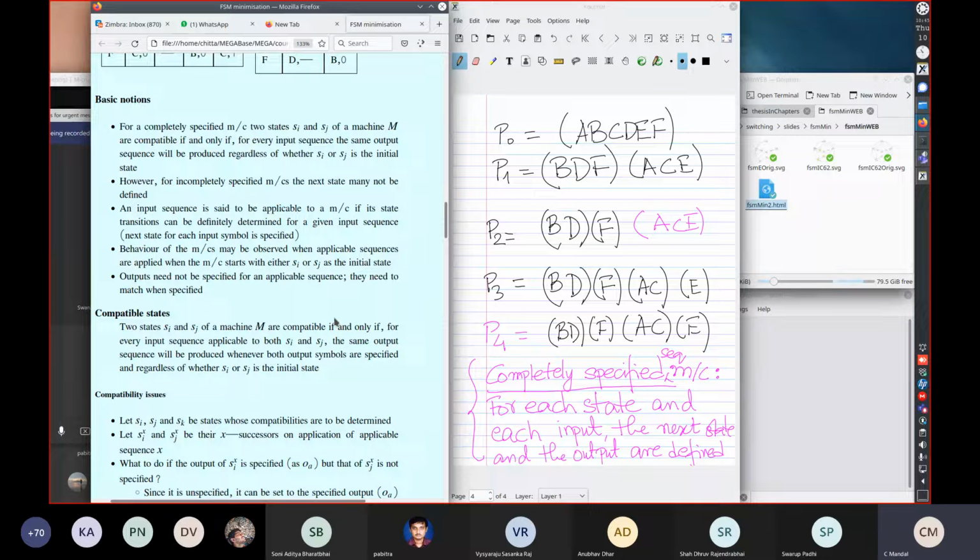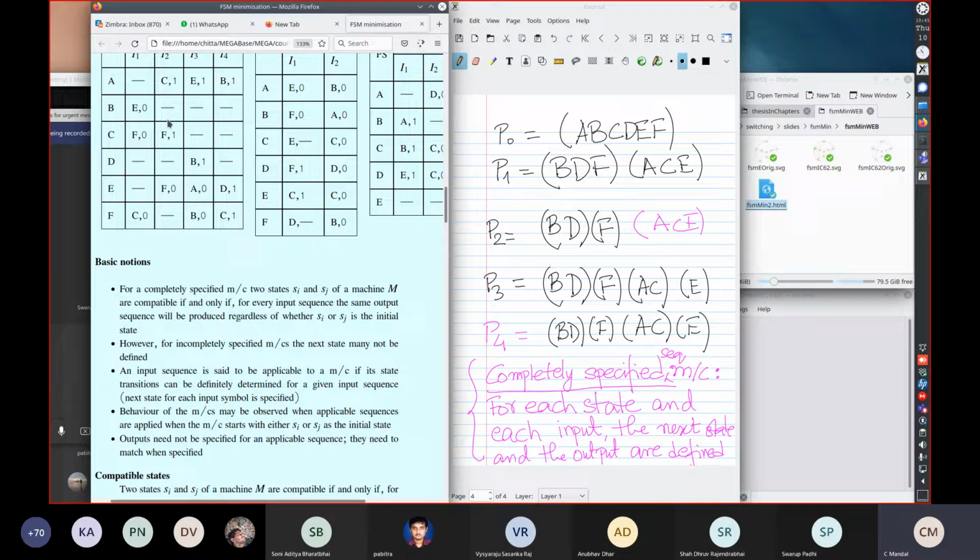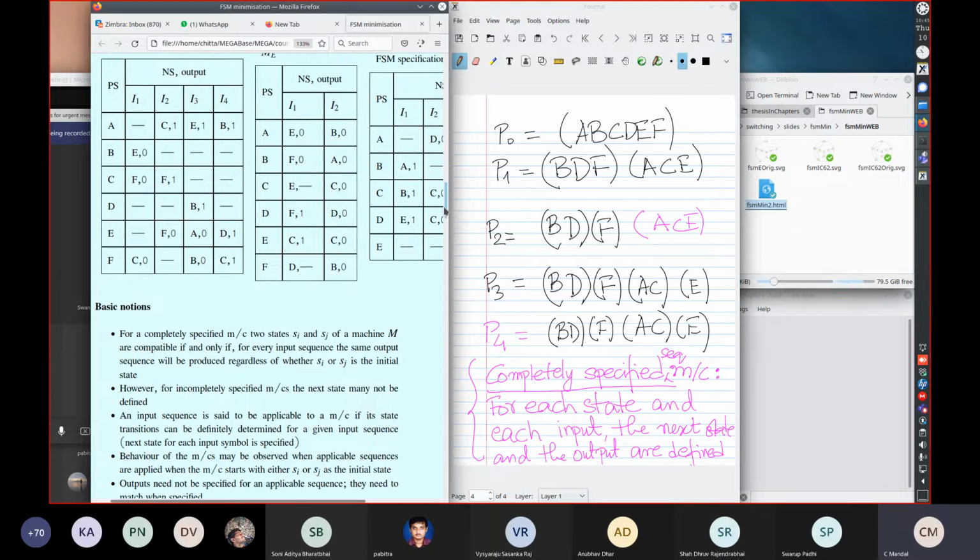Now, for an incompletely specified machine, you have some issues which you don't have for completely specified machines. The first issue is that the next state itself may not be defined. You can see here that in some cases the next state itself is not defined.